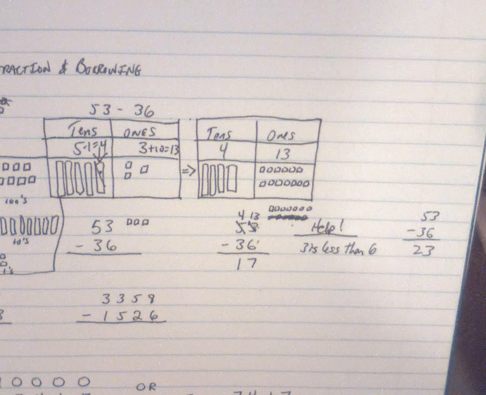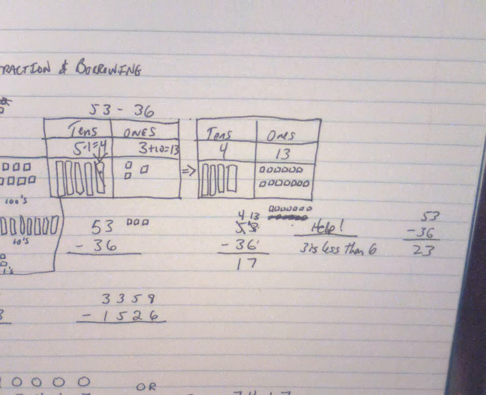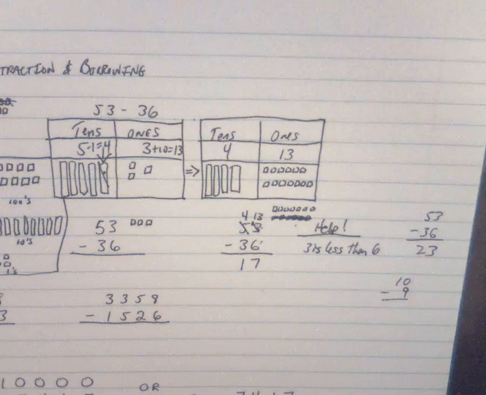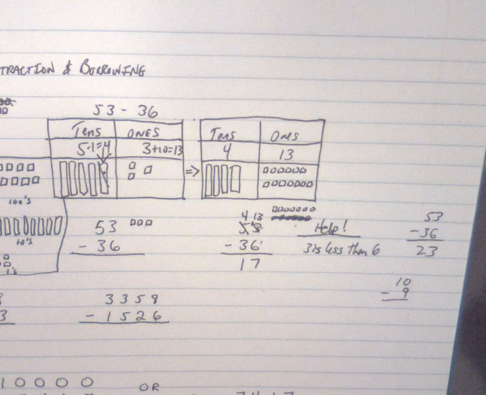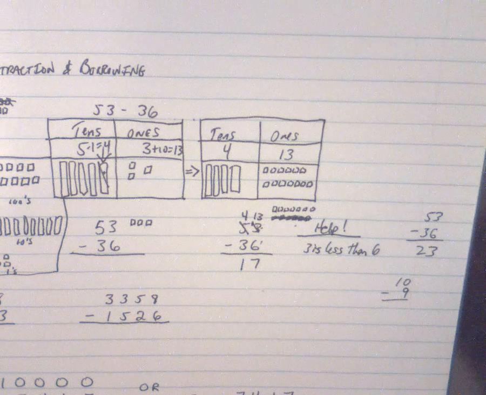Let me give you a clearer example of this. What if we did 10 minus 9? You already know that 10 minus 9 is 1. You know that for a certainty.